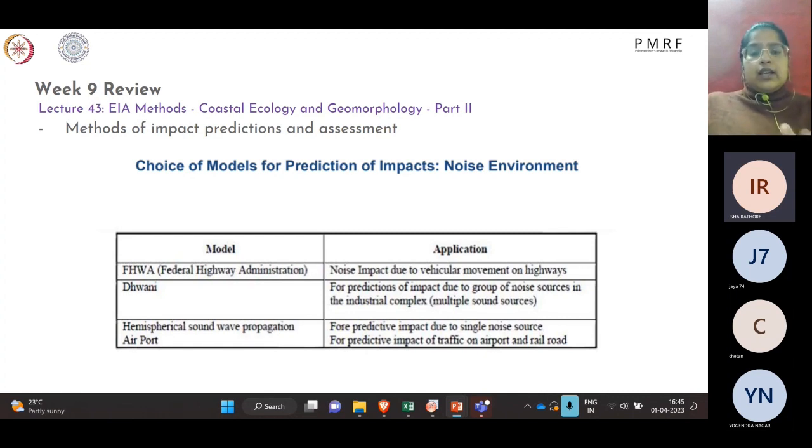We have Dhwani, which is a prediction of the impact of noise from different sources in an industrial complex. Then you have the hemispherical sound wave propagation airport model, which identifies impacts because of point sources or single noise sources, and especially for predicting impact around traffic on airports and railroads. So these models can be used if your area falls in any of these categories.